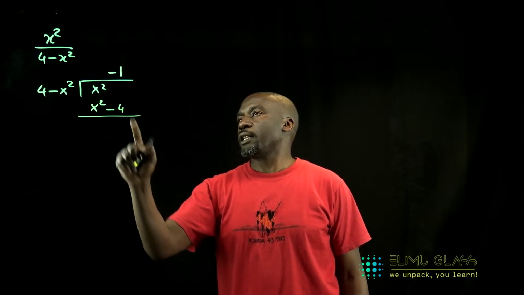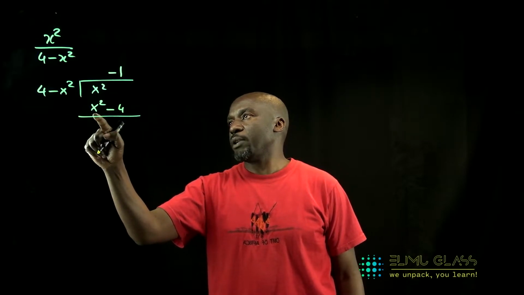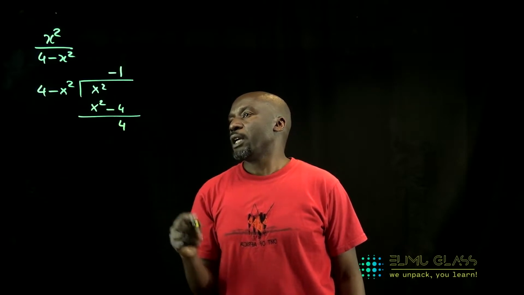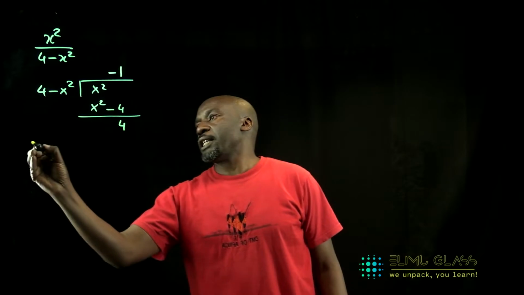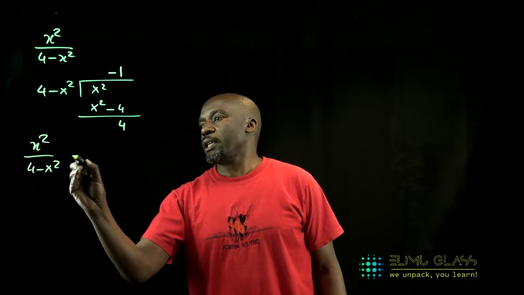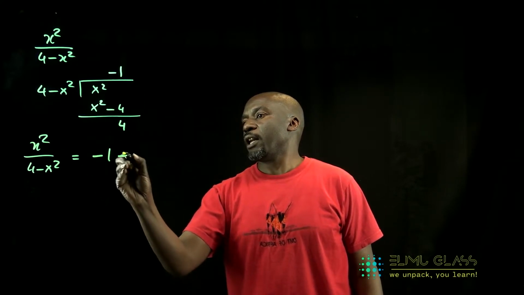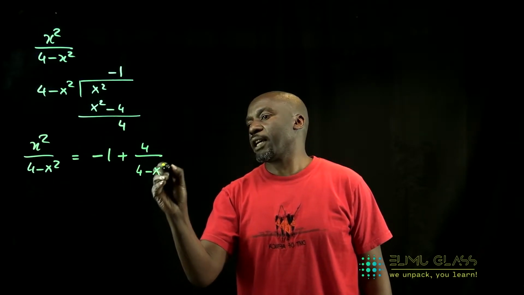Then we subtract, x squared minus x squared disappears, 0 minus negative x squared becomes 4, and that's it. This does not go here anymore, and so we can write x squared over 4 minus x squared is the same as negative 1 plus 4 over 4 minus x squared.